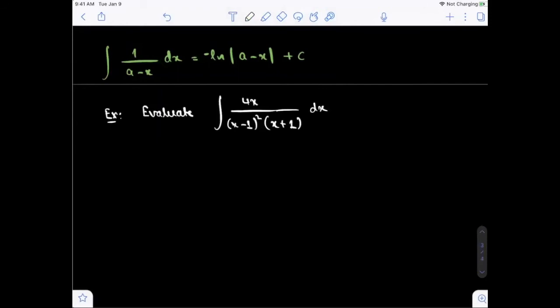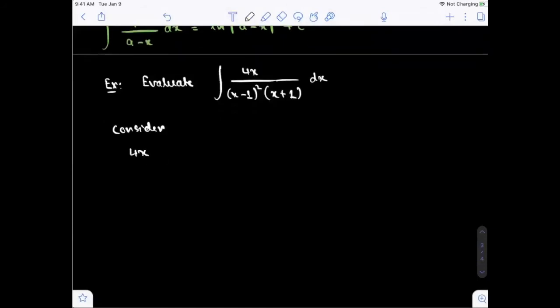So x minus 1 is the repeated linear factor, and x plus 1 is just a linear factor.